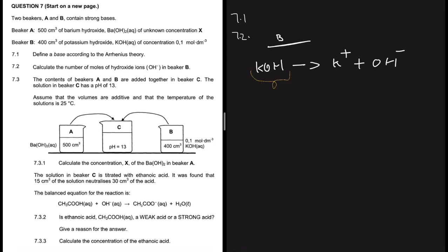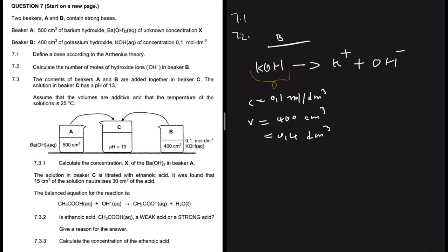We are told that the concentration is 0.1 mol/dm³. The volume is given as 400 cm³, which we have to convert to dm³. We divide by 1,000, so we get 0.4 dm³.